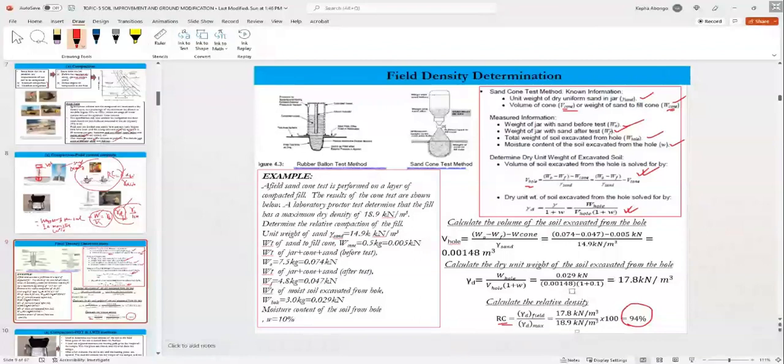So Francis, how do you do proof rolling? How do you do proof rolling?